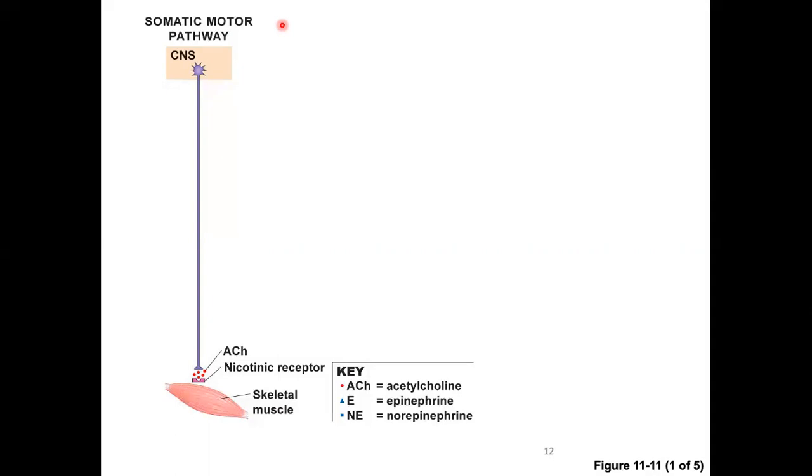So acetylcholine is the neurotransmitter, and it binds to a nicotinic type cholinergic receptor. You guys should practice saying that a couple of times. That is going to depolarize the skeletal muscle cell. So that's your somatic nervous system.